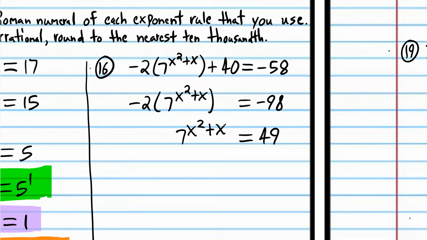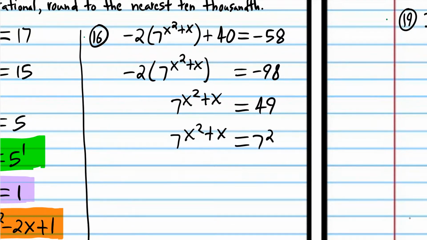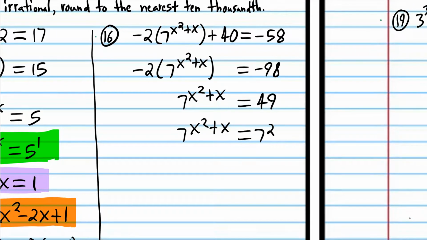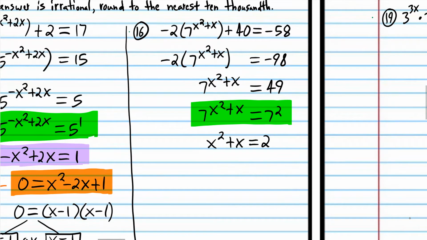And we can change 49 to 7 to the second power, and you can see where I'm going with this. Then we're at the critical stage. So we can get rid of the bases, and we have x squared plus x is equal to 2. And we must recognize that as a quadratic equation.